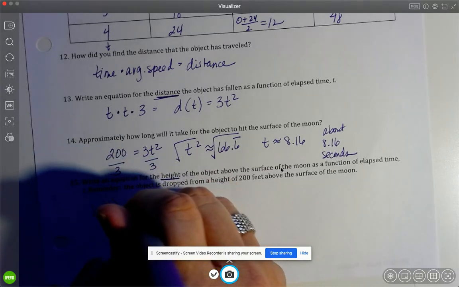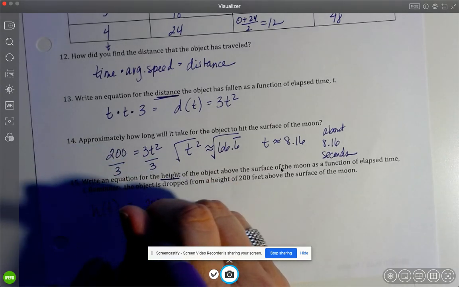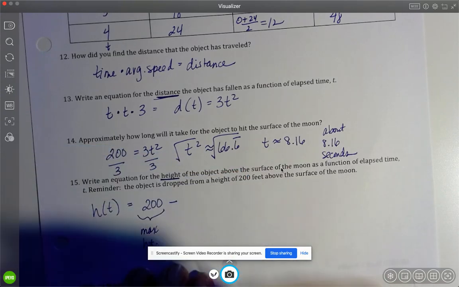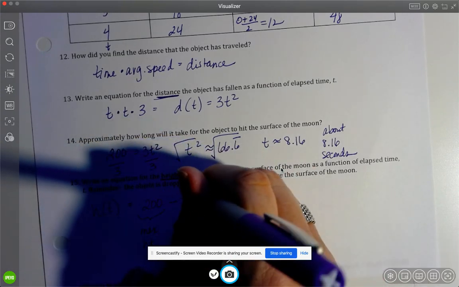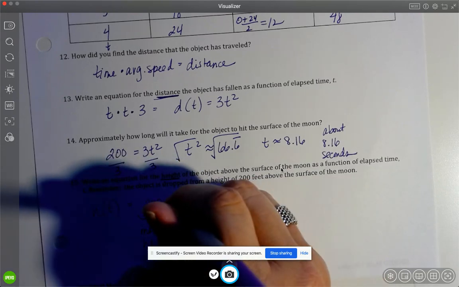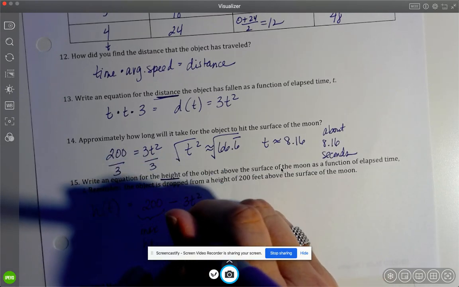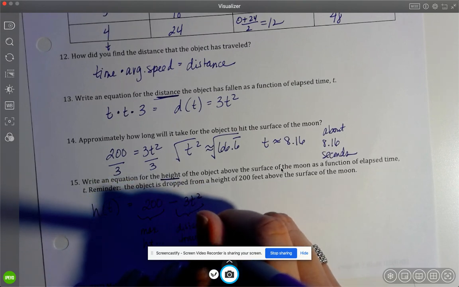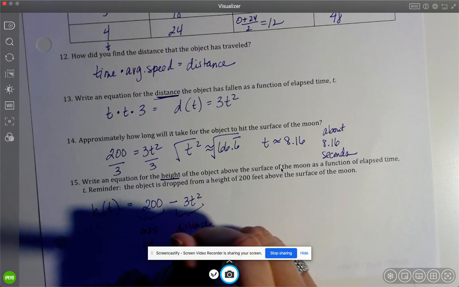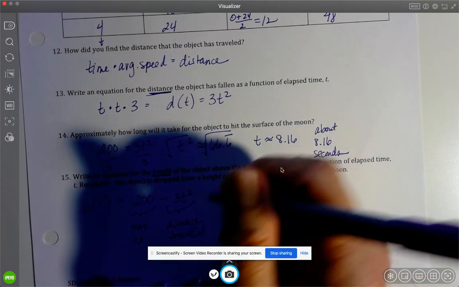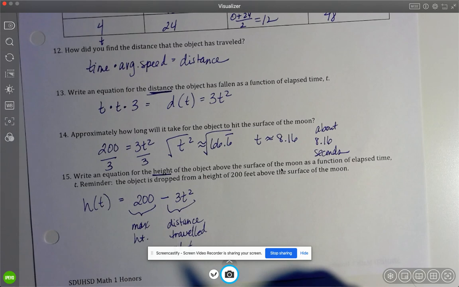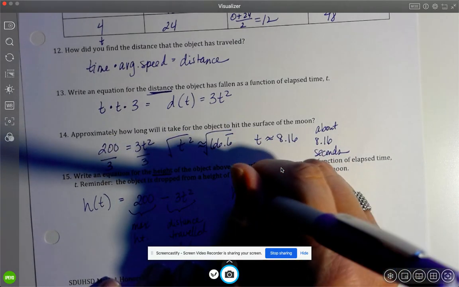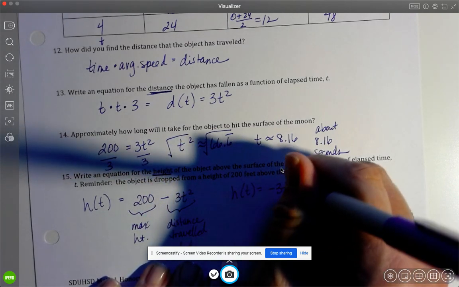This is the maximum height, and subtract the distance that is traveled, which is 3t squared. Okay, so to write it in standard form, I probably wouldn't leave it that way. I'd probably write h of t equals negative 3t squared plus 200.